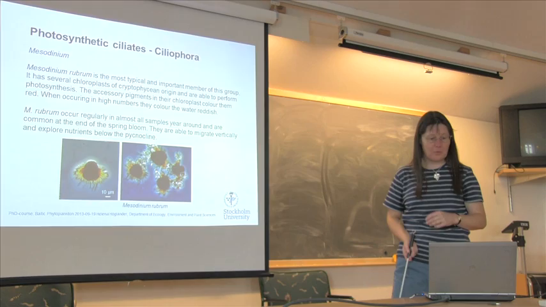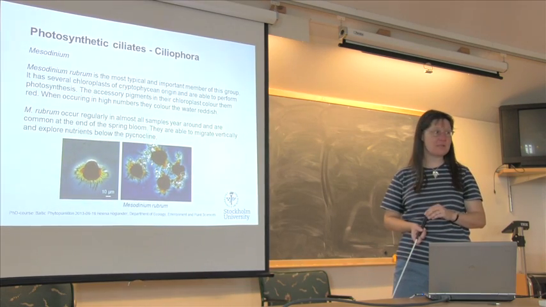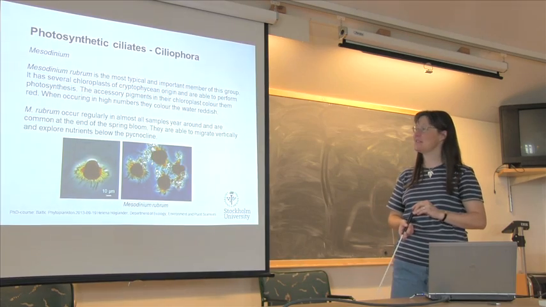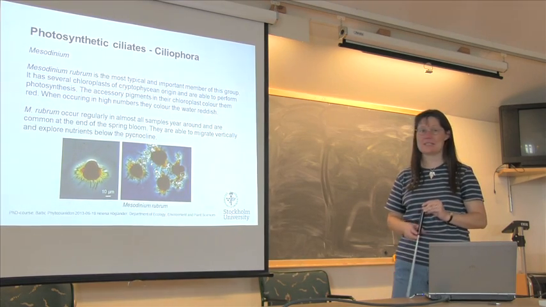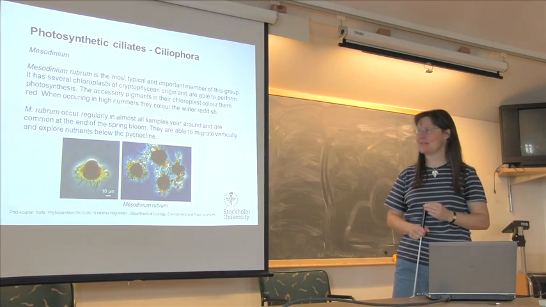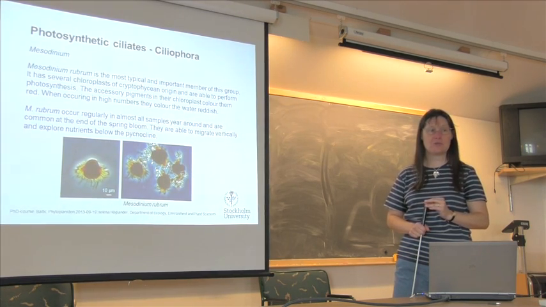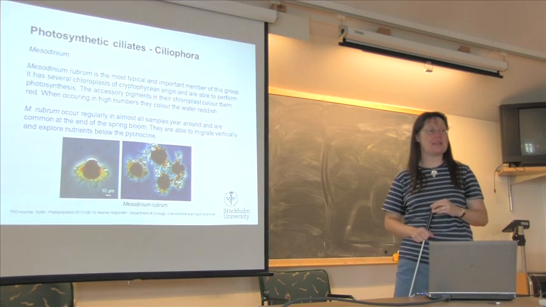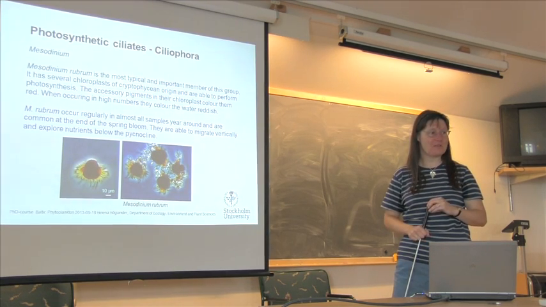And then we have looked at all the phytoplankton I wanted to talk to you about, but then I will show you one of the important ciliates that we have that are actually autotrophic, or should we say mixotrophic. It's a bit arbitrary.